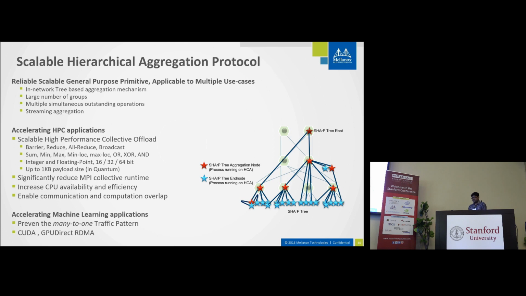So how does this work? SHARP is a general purpose primitive. We designed it keeping HPC and AI in mind, so it's applicable to multiple use cases. It is an in-network tree-based aggregation, and it supports a large number of groups, and also multiple simultaneously outstanding operations.